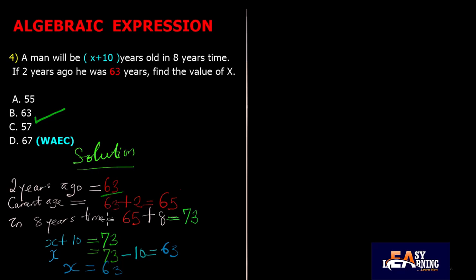So we add the age he was 2 years ago, 63, with 2 to get his current age, 65. And now to know how old the man will be in 8 years time, we add 8 to his current age, which gives 73. So it means that x plus 10 is 73. We equate it with 73 to find x, and x is 63. All right, so we move on to the next.